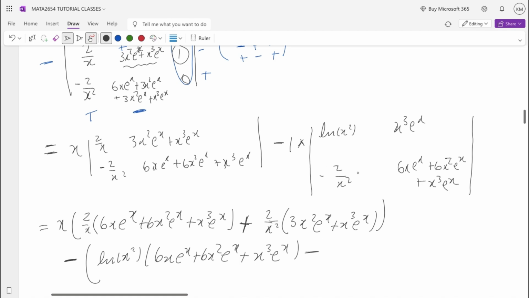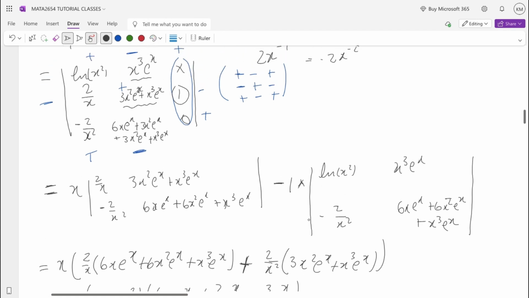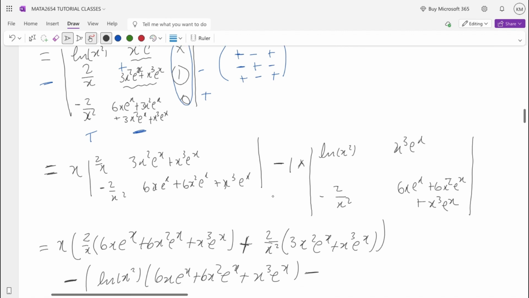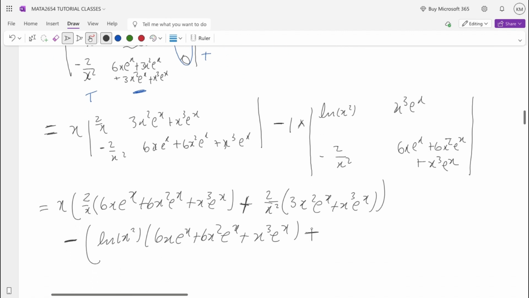There's a minus, this times that. But this also comes with a negative again. Then, hey, it becomes a plus. Then I say 2 all over x squared, x to the third, e to the x.